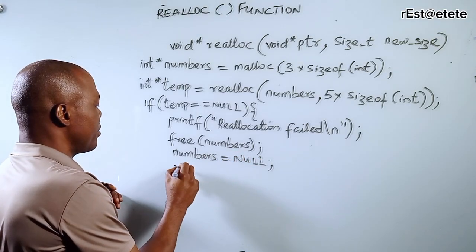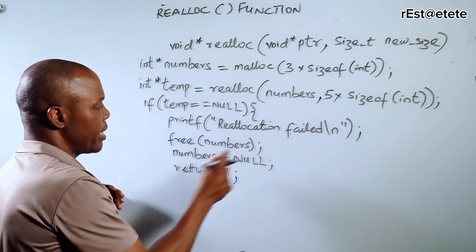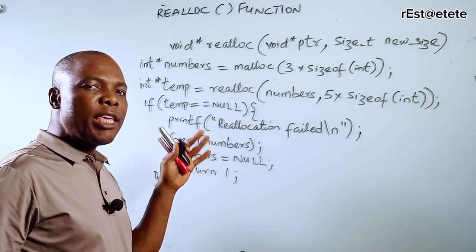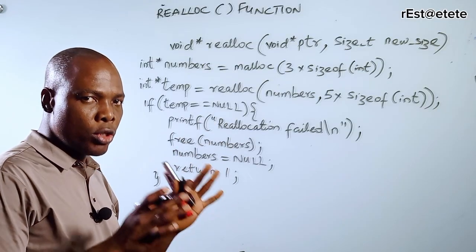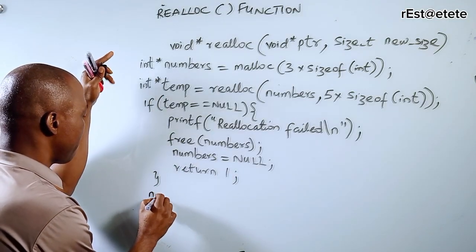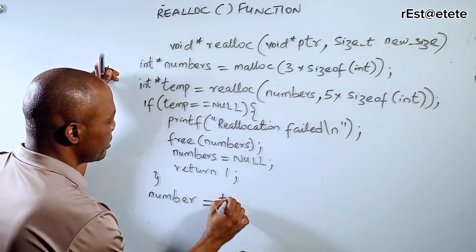After that, I can say return 1, meaning there was an error. So I close this, right? Now, if it did not fail, meaning the reallocation was done successfully, then I can now say numbers = temp.